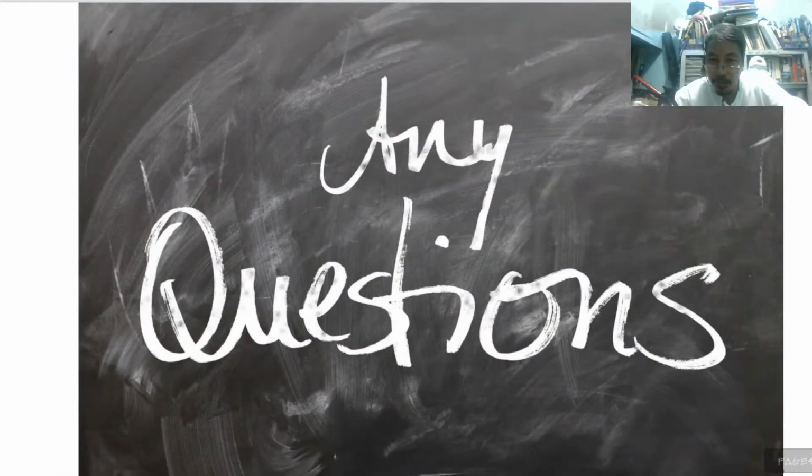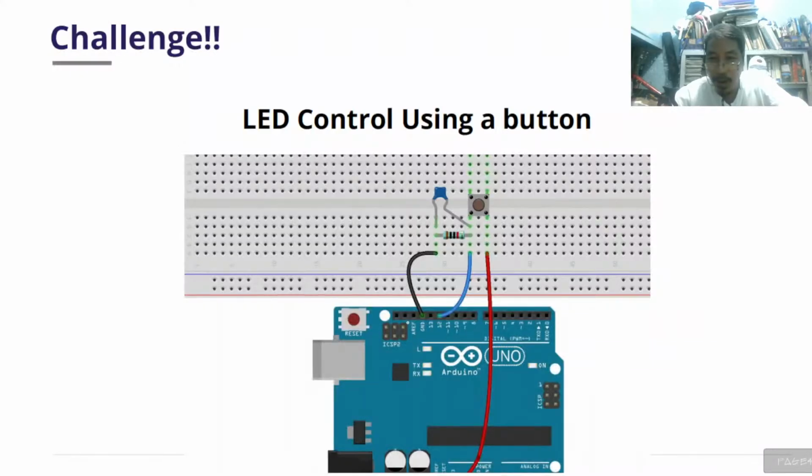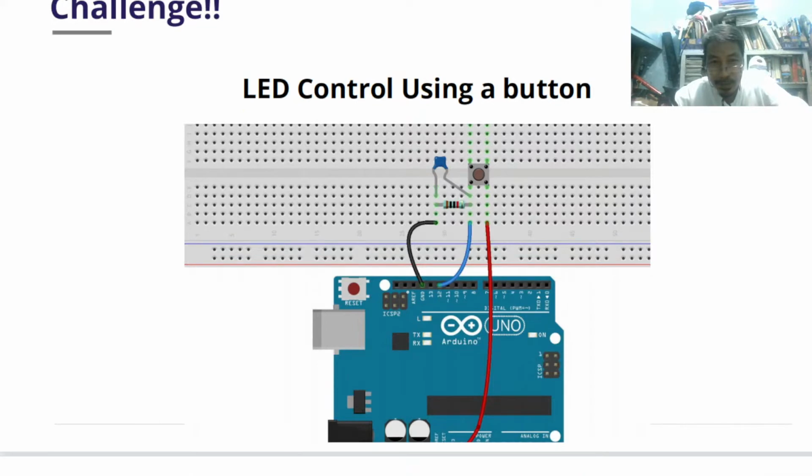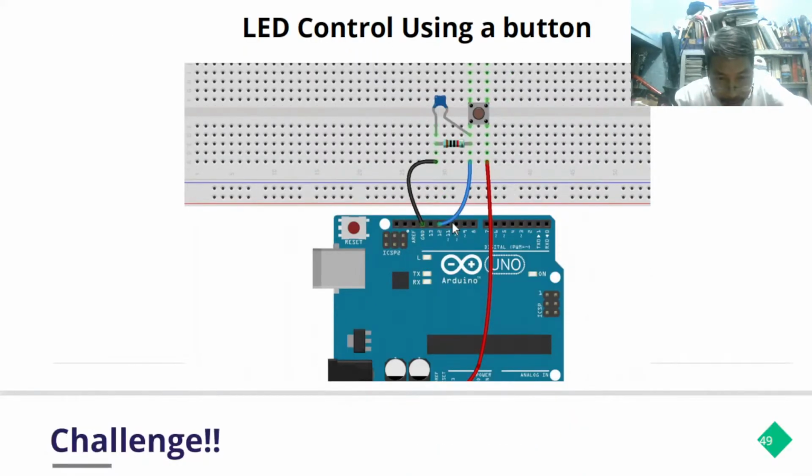Okay, pin number 12. So be careful about that. So in reality it is connected to number 12 here. You can see it. This is pin number 12. Be careful.